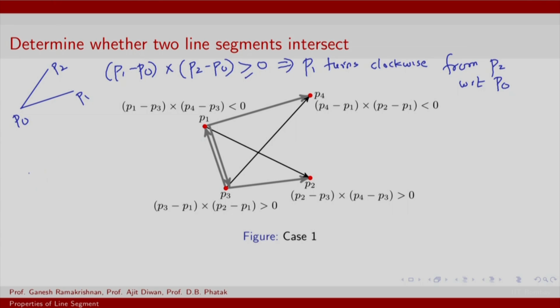The motivation is to see if the points P1 and P2 lie on opposite sides of the line P3, P4, and also simultaneously the points P3 and P4 lie on opposite sides of the line P1, P2.